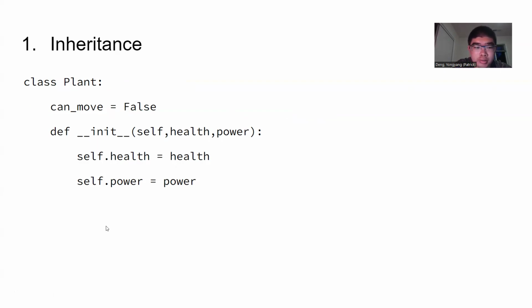We can inherit from the plant class into the class of sunflower, so that everything, including the functions and the attributes inside the plant class, will also be the attributes and member functions of the new class, the class of sunflower.